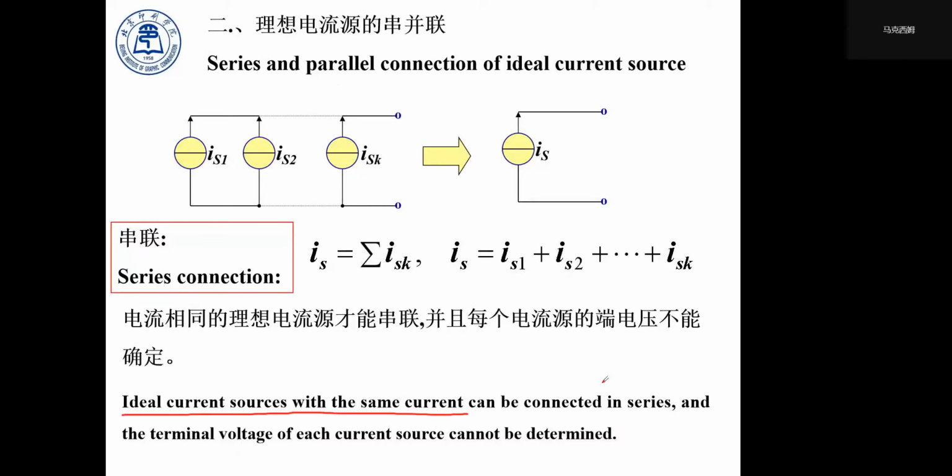For example, if we put two ideal current sources together, and one is 5 ampere, the other one is 3 ampere.